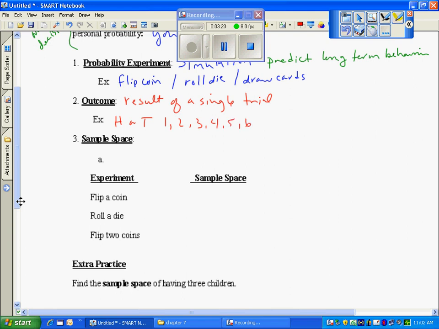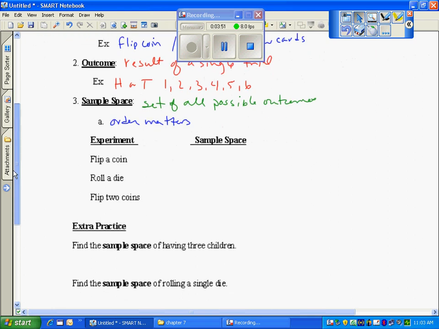The sample space is different than the outcome. The sample space is going to be the set of all possible outcomes. It's not the single outcome, it's the set of all possible outcomes. And a key to this, and knowing all the possible outcomes, is that the order matters. Now that might not make sense here until we look at an experiment.